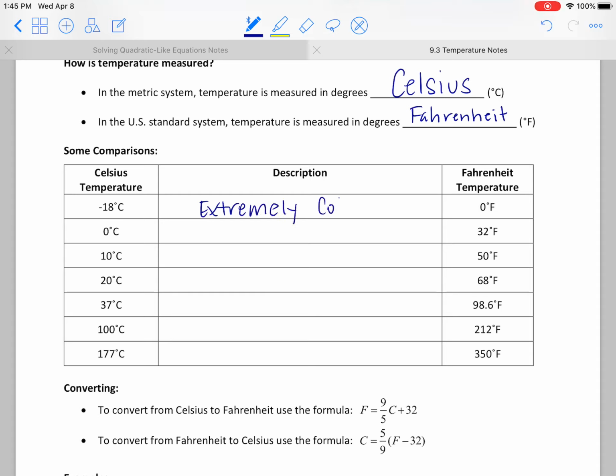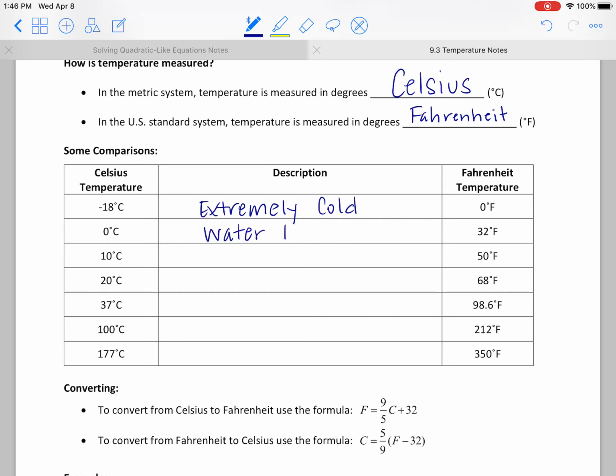Maybe you're in Alaska if you're experiencing 0 degrees Fahrenheit, or definitely not in Arizona. Maybe a cold winter day somewhere, but probably not here, not in Phoenix. So if it's 0 degrees Fahrenheit, you're at negative 18 degrees Celsius. So those two are about equivalent.